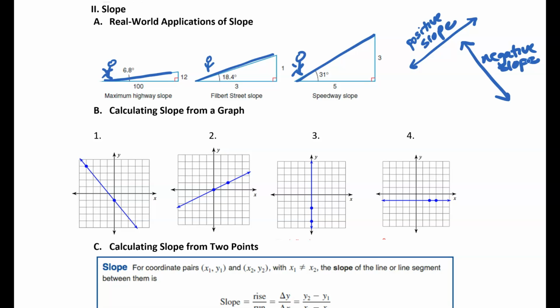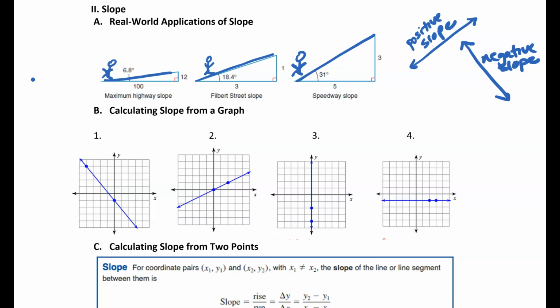And then there's always a number that's associated with the slope. The number means something other than just being positive or negative. The actual number can tell you how steep a ramp is. So let's calculate the slope for all of these, and then we'll look at how those numbers compare to the steepness.